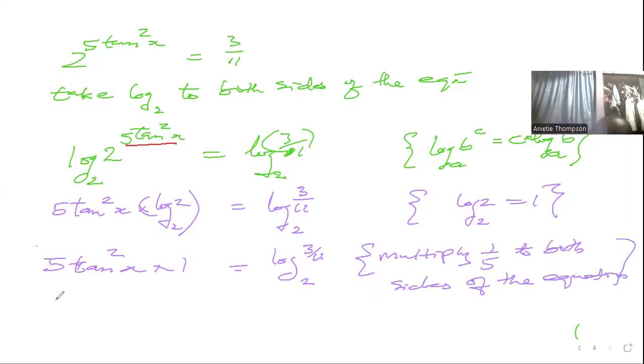If you do that, you have 1 over 5 times 5 tan square x equals 1 over 5 log base 2 of 3 over 11. So this 5 will take care of this 5, and what we have left is tan square x. So we have tan square x now equals 1/5 of log base 2 of 3 over 11.